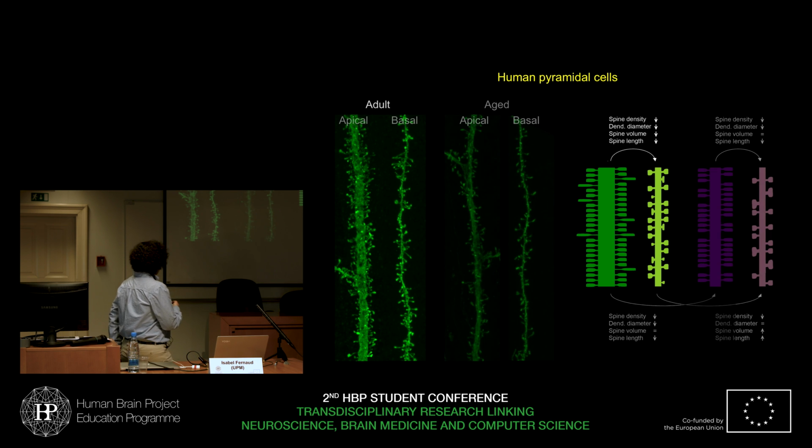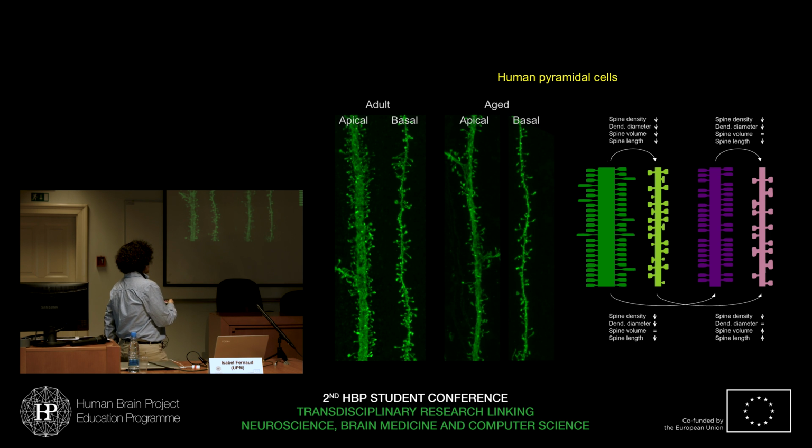And it's not the same if the specimen is adult or, in this case, I think it was an 80 years old male compared to a 40 years old male. So there are differences, and these differences in spines may reflect differences in function.